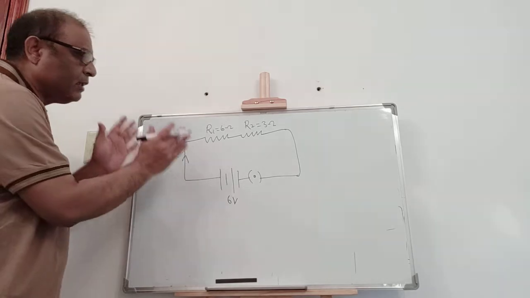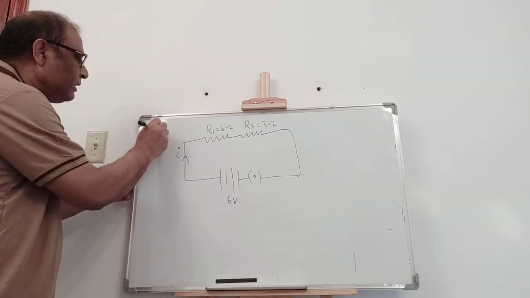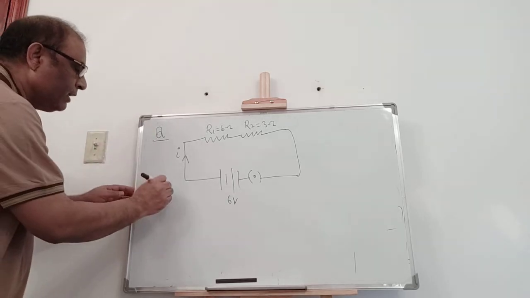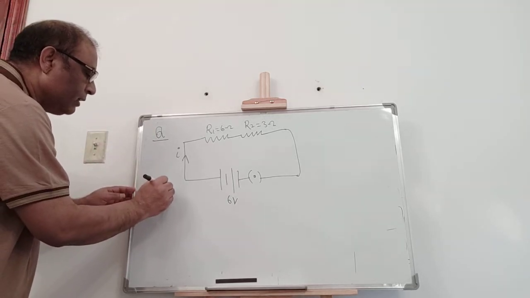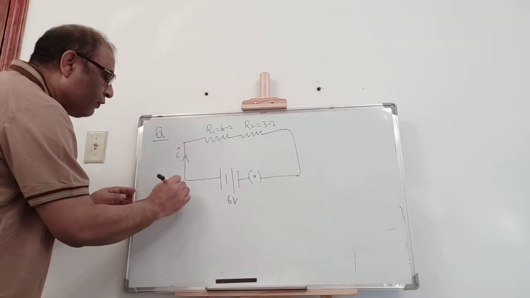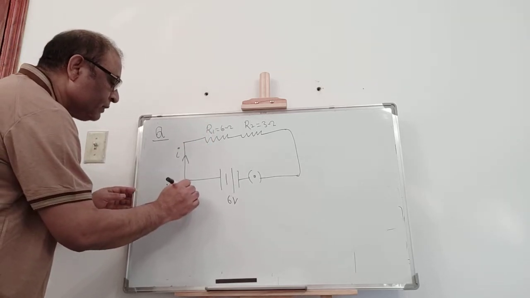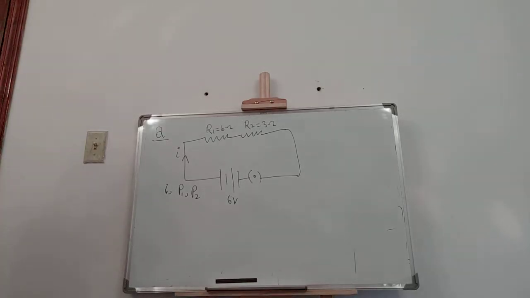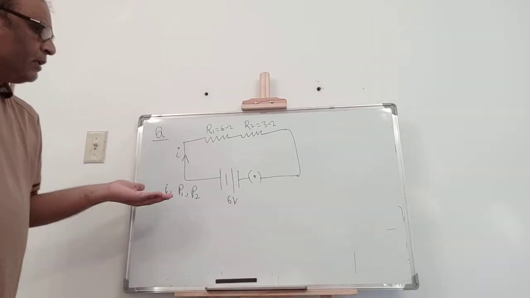After that we have to find out the power of resistance 1 and the power of resistance 2. It means we are going to find out the total current in the circuit, R1 power P1 and R2 power P2.